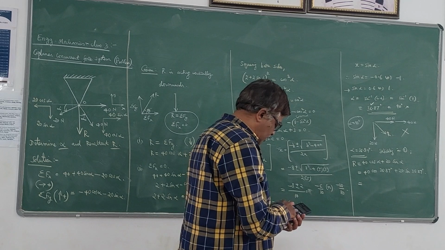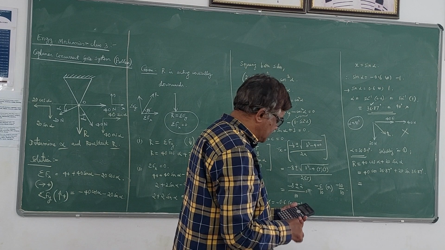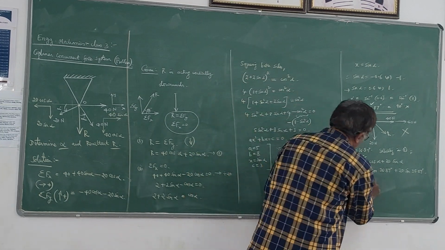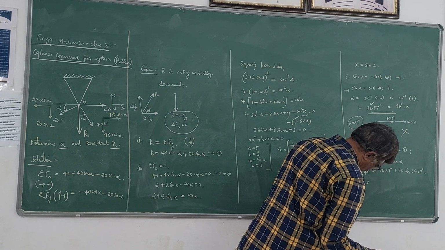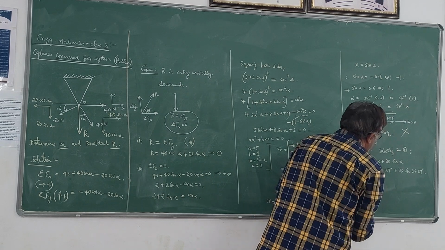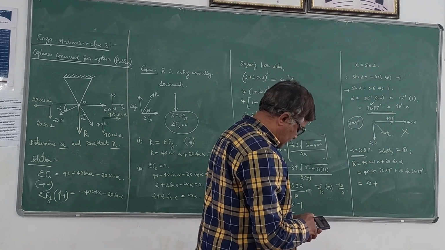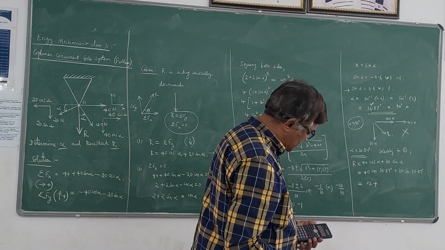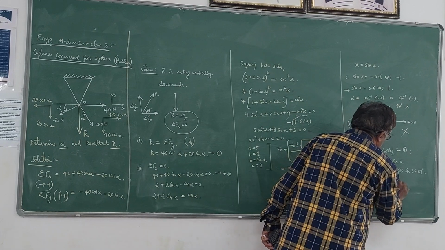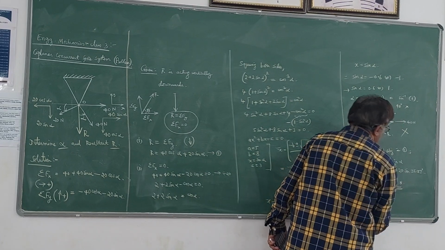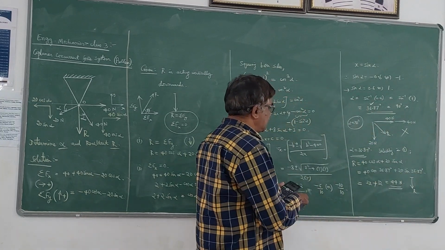You can calculate that 40 into cos of 36.87 degrees is 31.99, that is 32 you can take, plus 20 into sin of 36.87 degrees, which is 12. So finally you get 44 Newton. So 44 Newton is the resultant force acting vertically. This is the correct answer.